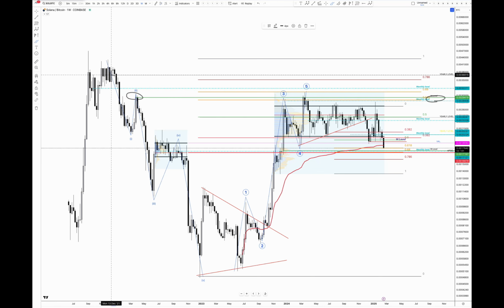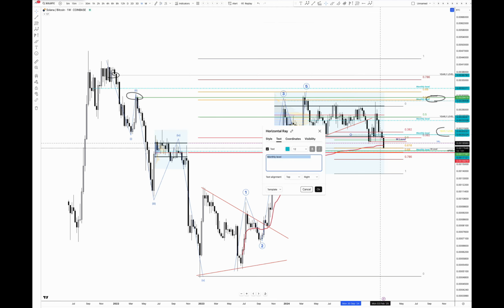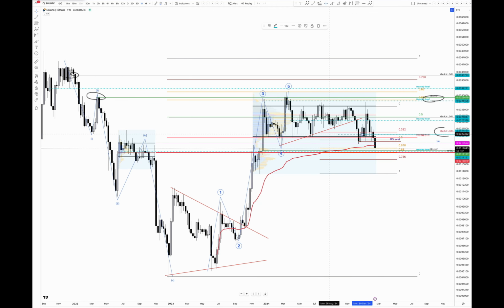We have a yearly level there, so we didn't get to the yearly level at all, and also we have another yearly level here. And so we break this yearly level. Let's just make that into red. There was also a major support, so we had a fair bit of support on the yearly, and now we've broken down through that. So this is looking bearish.